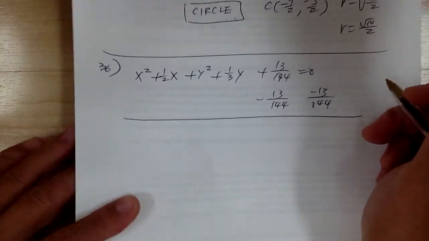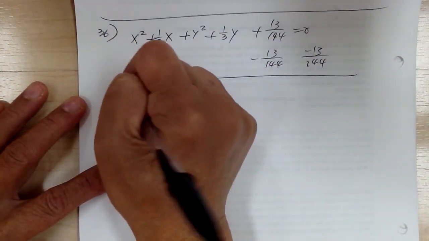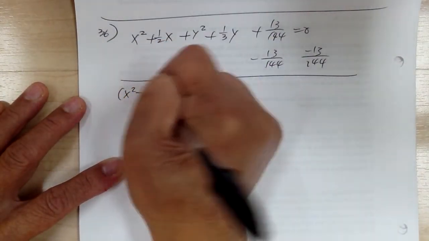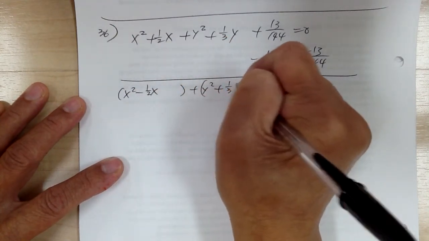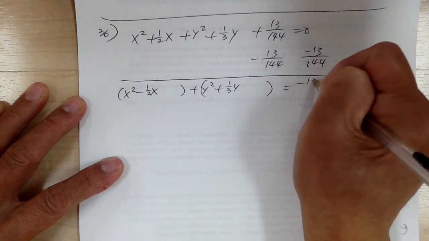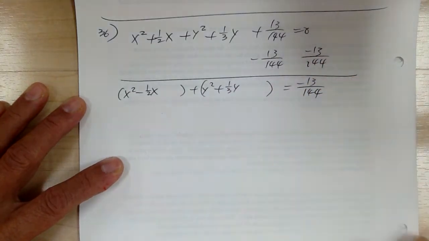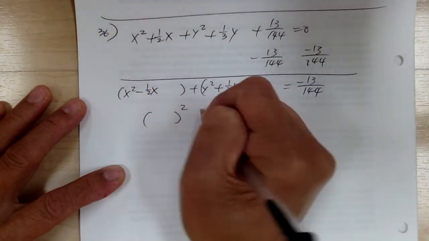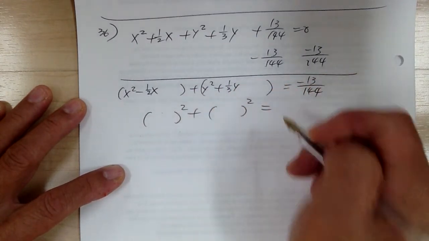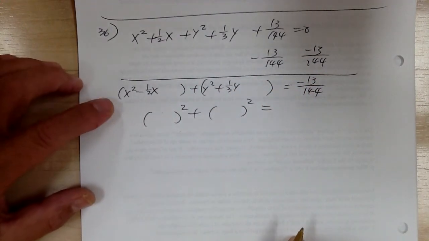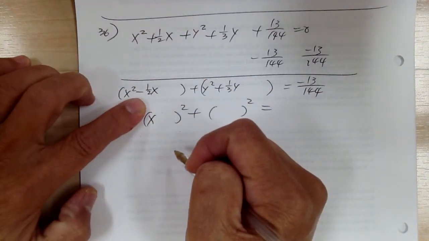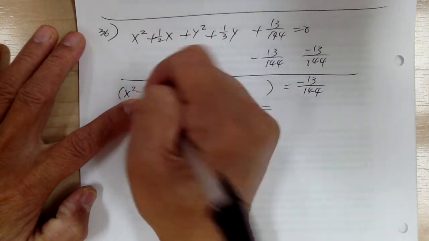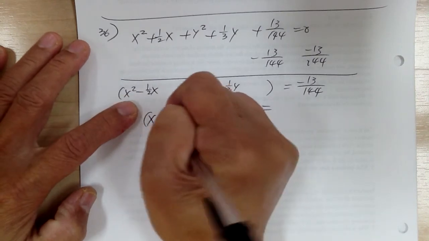Then you group your variables. Okay, and after that, get your perfect square. So you're going to start to fill in the blanks. So from x squared, I get x. From 1/2, remember this is always half of that. So this will become 1 over 4.